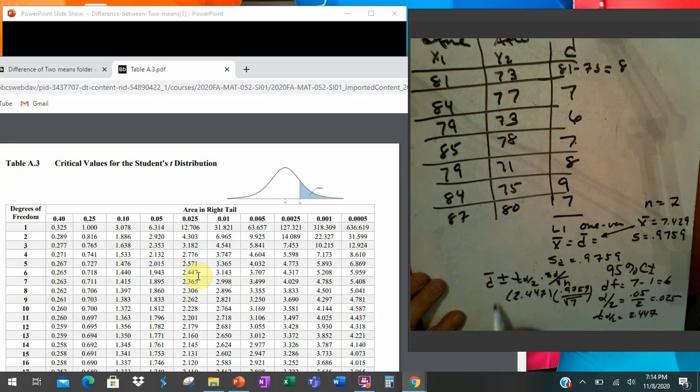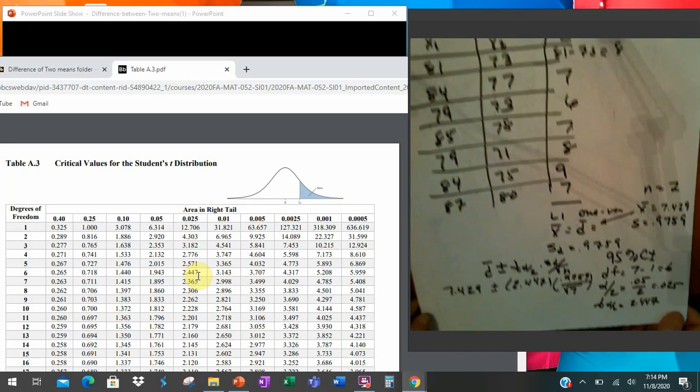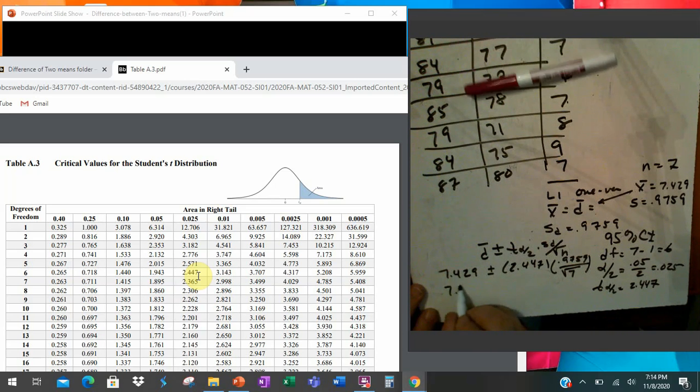And for this margin of error, I've got my x bar, 7.429, plus or minus that. That's 7.429 plus or minus this margin of error when I calculate it.